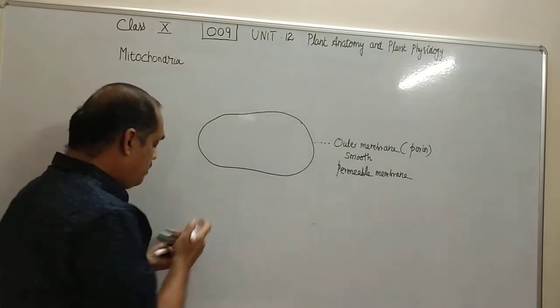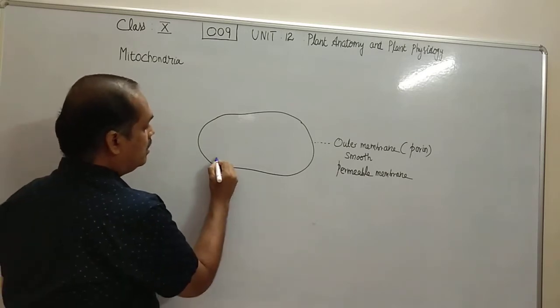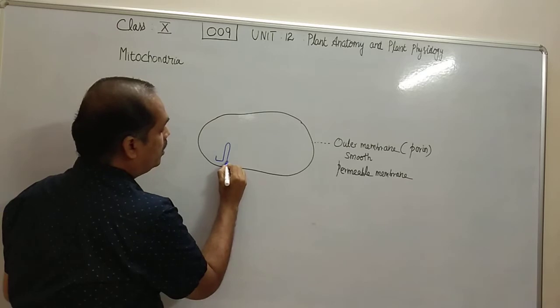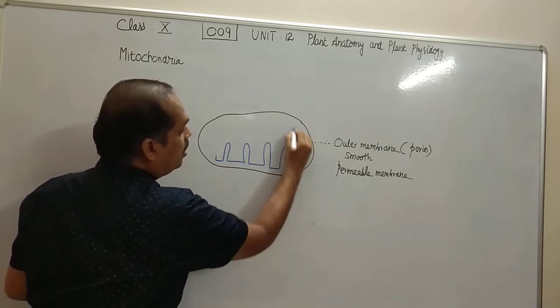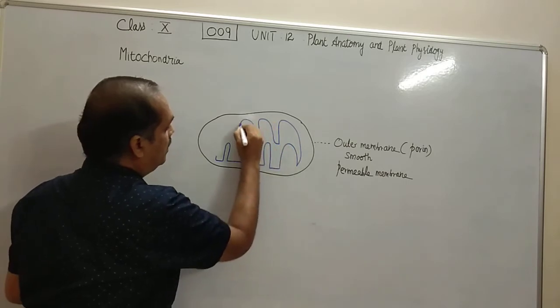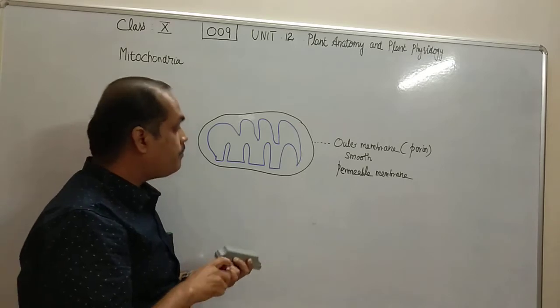Whereas the inner membrane of the mitochondria is a little rough and it has got a number of folds called crista. So this is the inner membrane.